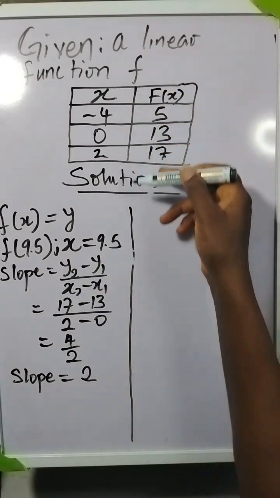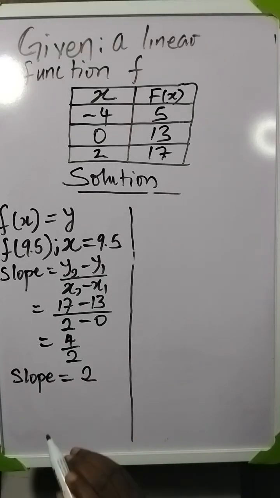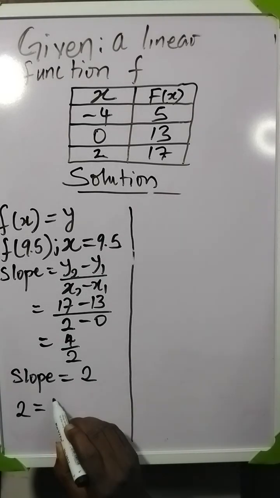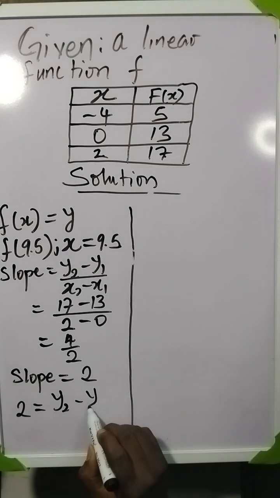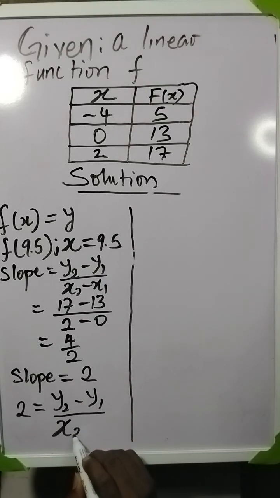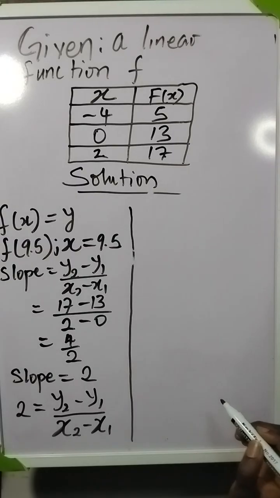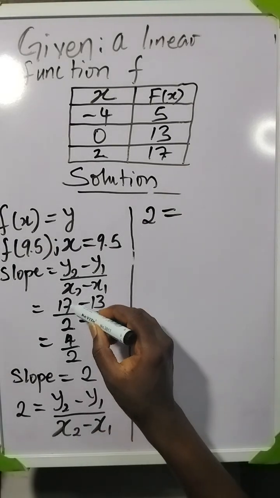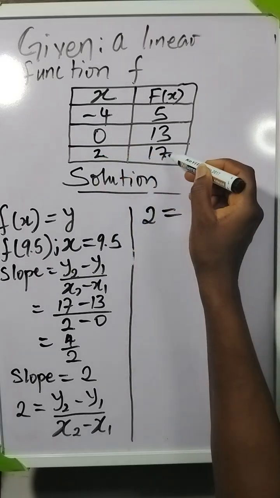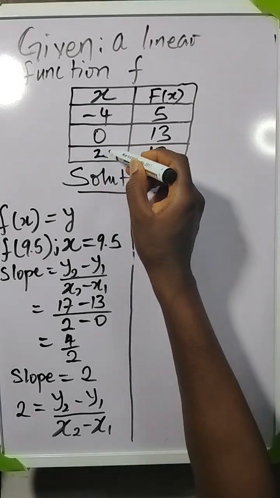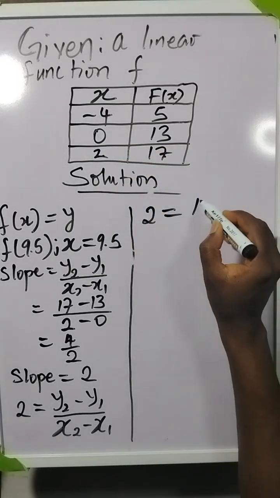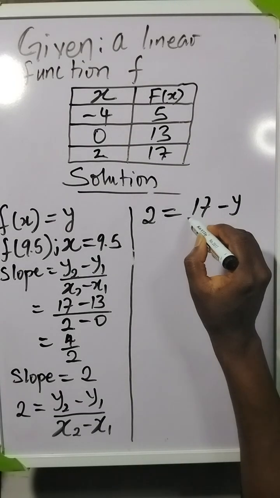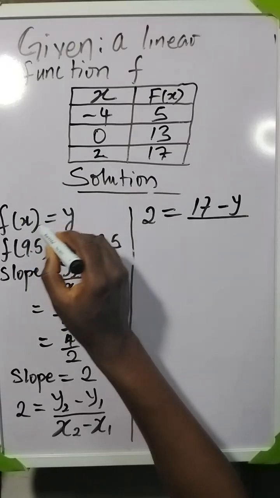So using the slope the same, but this time around we're going to use 2 is equal to y2 minus y1 all over x2 minus x1. So 2 is equal to my y2. Let me maintain this point. This is y2, x2. So this will be 17 minus, I don't know this value, so I'm going to write it as my y. That's what I'm required to find here.